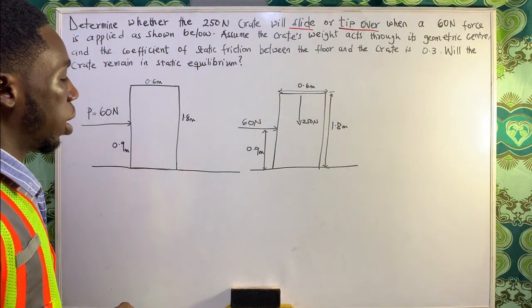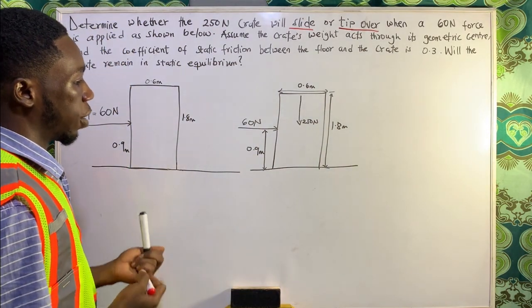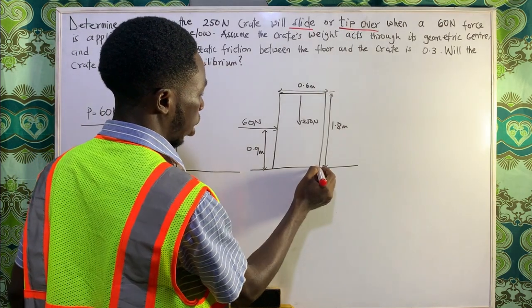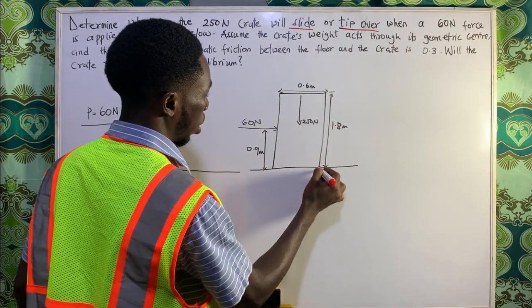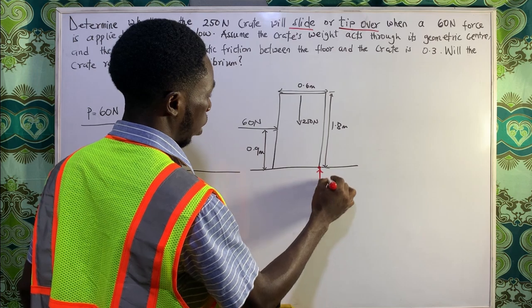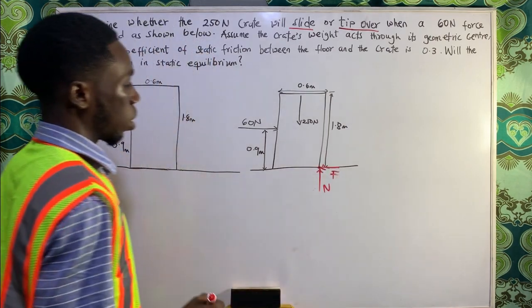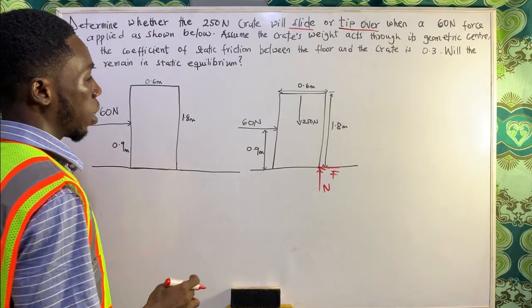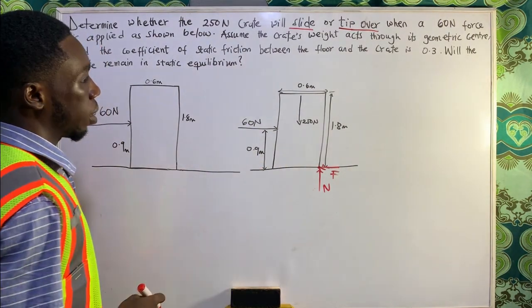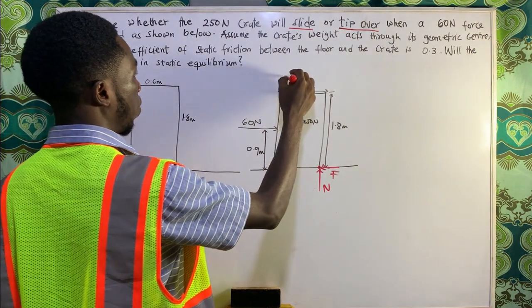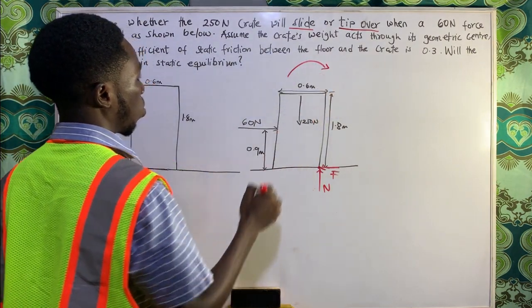So now let's indicate the normal reaction force and then the friction force. We're going to have the normal reaction force concentrated at the point of rotation, and then the friction force to be here also. If this crate is going to tip, we will be expecting it to tip in this direction, which is the clockwise direction.